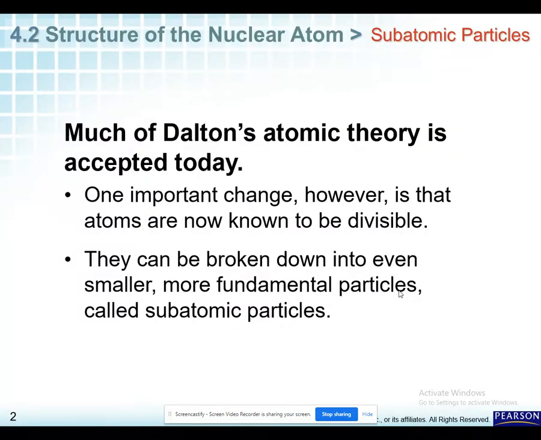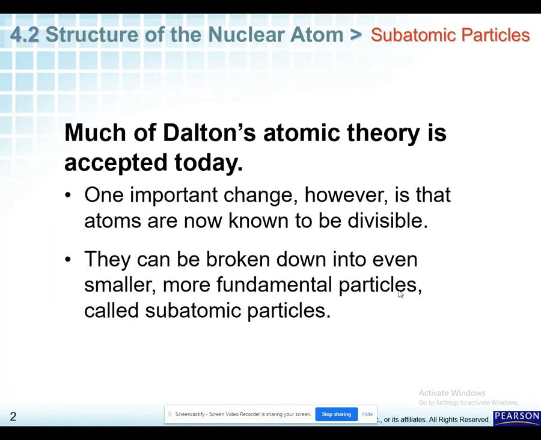part 1 today. And we're going to start off by continuing from section 1, and we're going to talk about Dalton's atomic theory again. We covered those 4 postulates yesterday, or in the last class period, and we know that much of Dalton's atomic theory is accepted today.